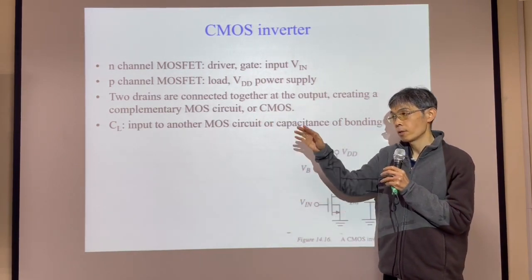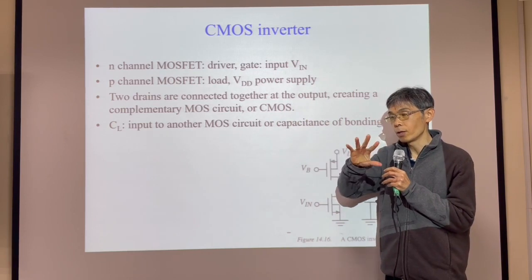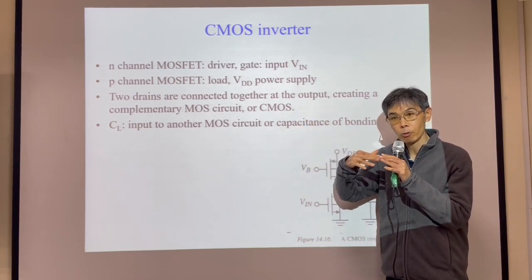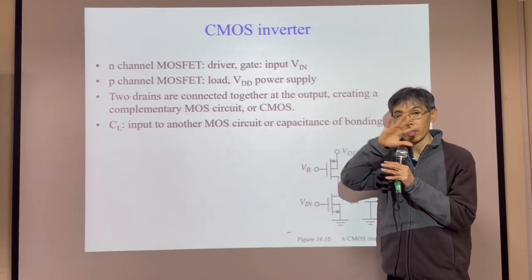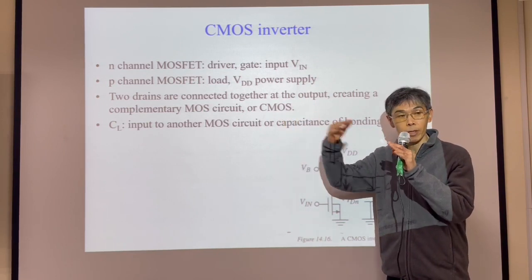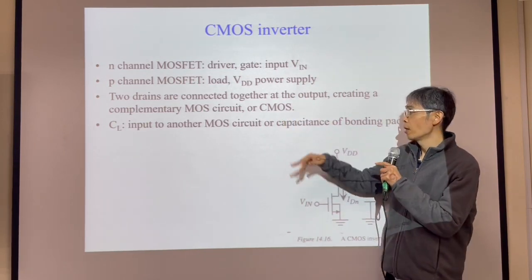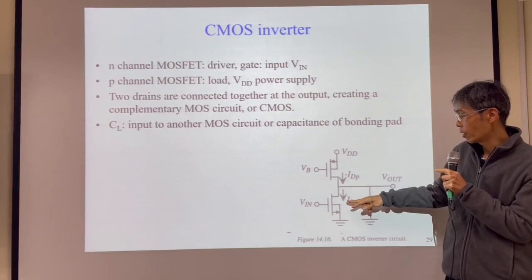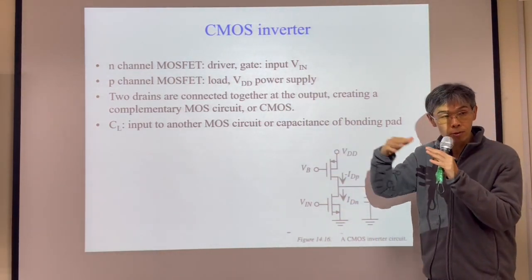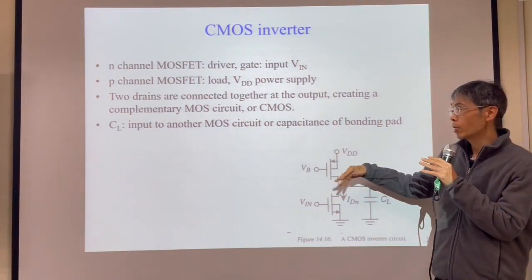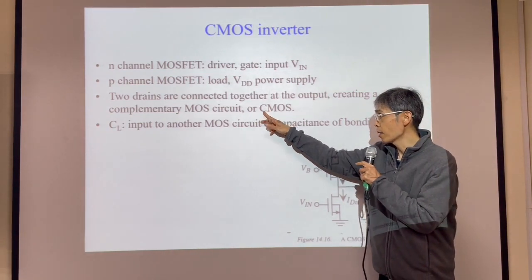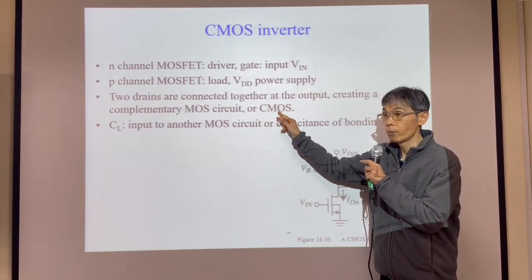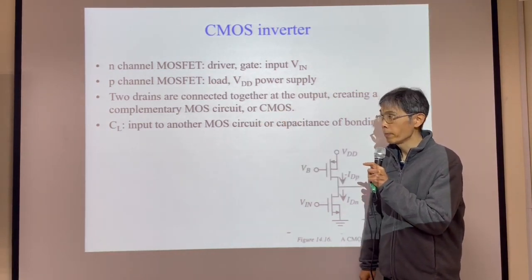Complementary means male, female, they are complementary to each other. Positive, negative, they are complementary. And PMOS, NMOS, they are complementary to each other. So that's why we have the name complementary MOS, CMOS. Okay?